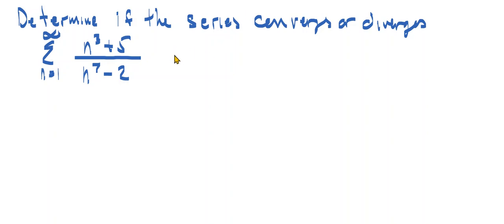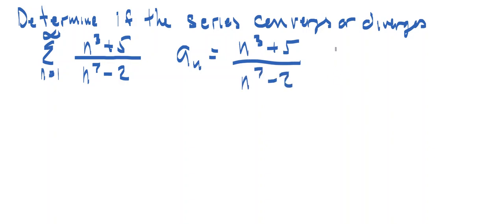So let's start off by identifying what a sub n is. A sub n is going to be equal to n cubed plus 5 over n to the 7 minus 2. Let's then determine what b sub n is. When we select our b sub n, we want to think about what is happening at infinity.